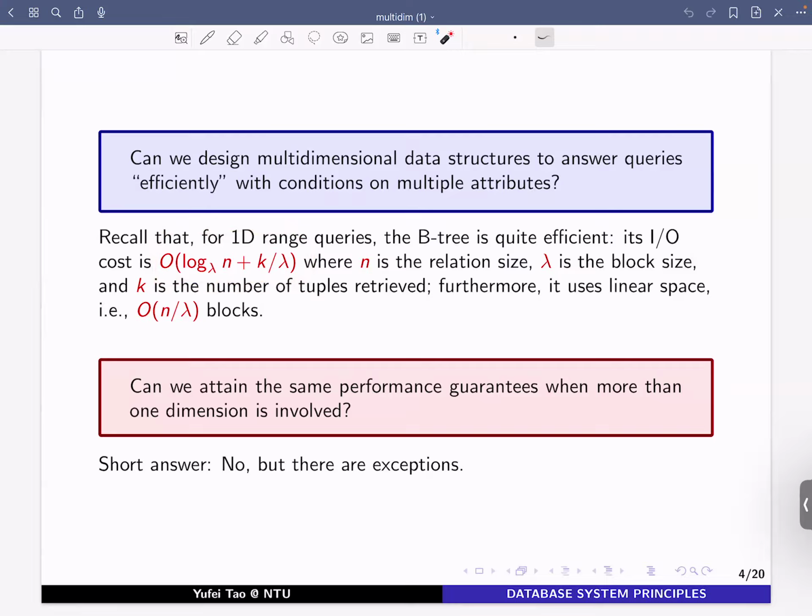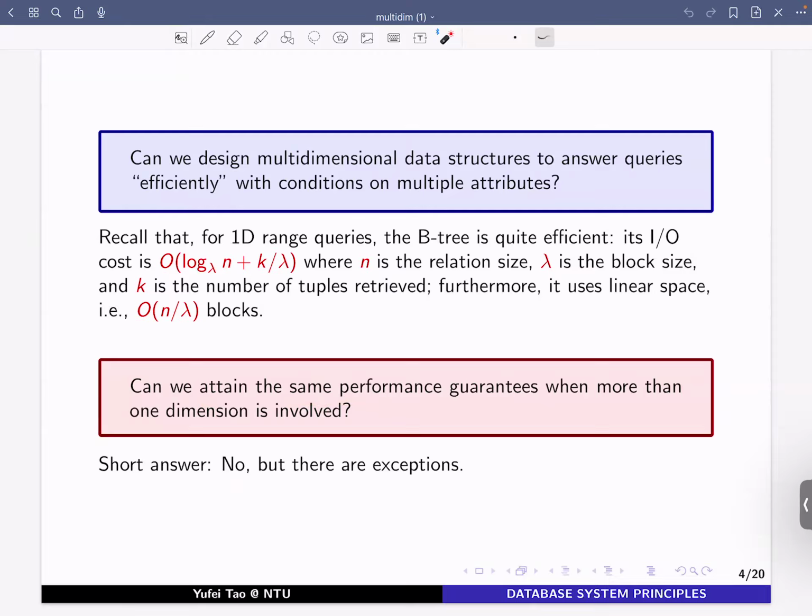Very naturally, we ask the question: in two-dimensional space, or even three-dimensional, four-dimensional, is it possible to achieve this bound, also with linear space consumption? Can we attain the same performance guarantees when more than one dimension is involved? The short answer is no, unfortunately. We won't go into this a lot, but later I'm going to explain what this means.